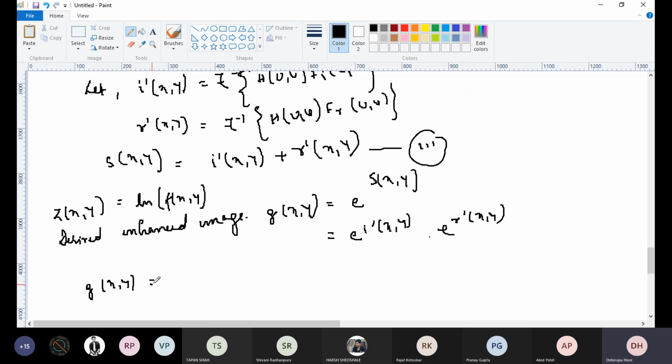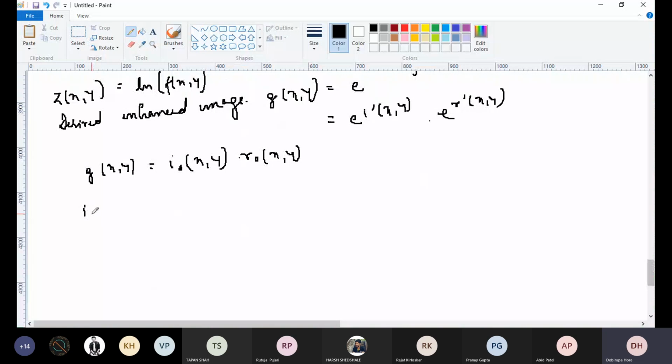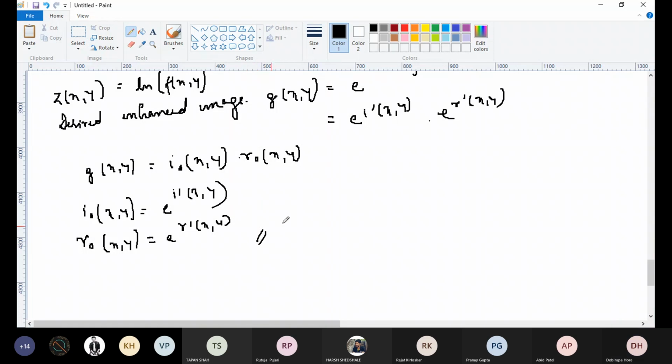Therefore, g of x,y is equal to i naught x,y into r naught x,y, where i naught x,y is given by e to the power i dash x,y and r naught x,y is given by e to the power r dash x,y. This is your processed image.